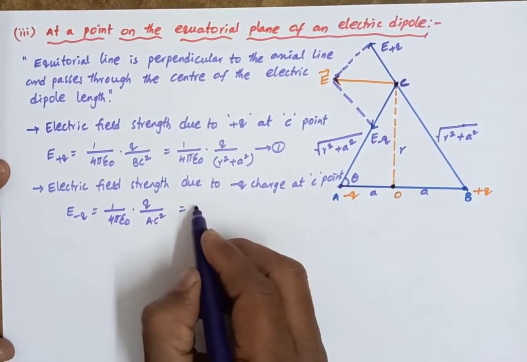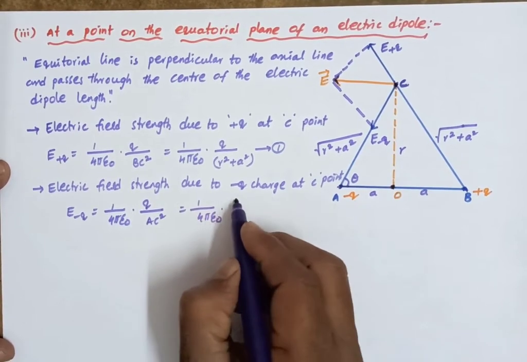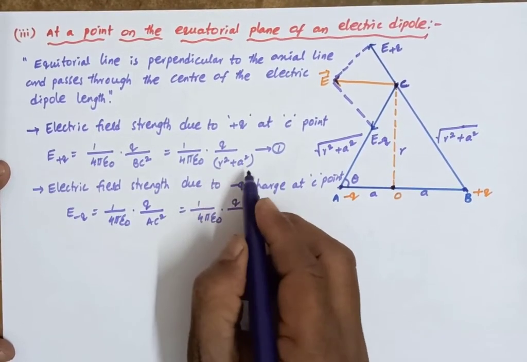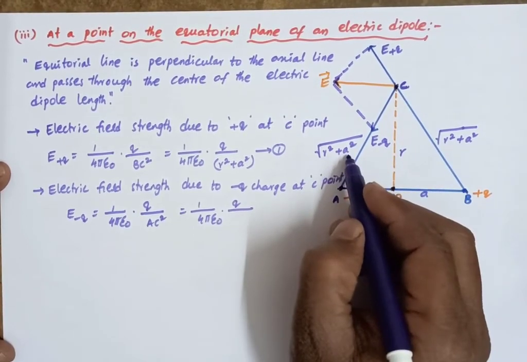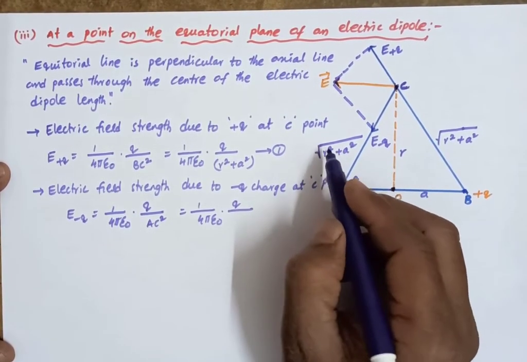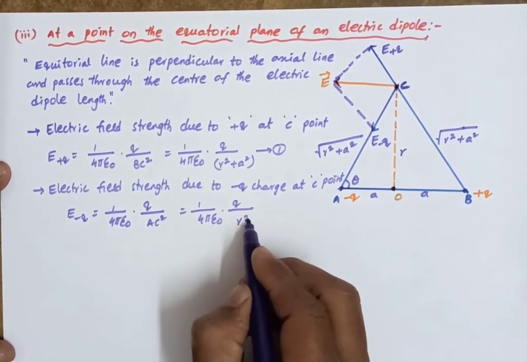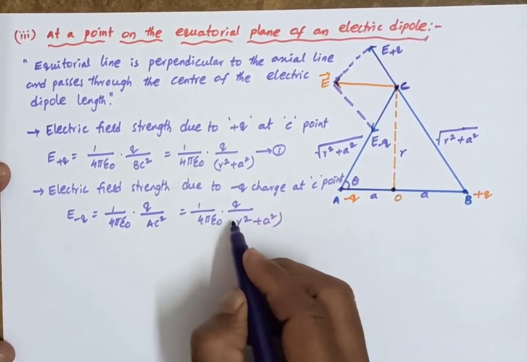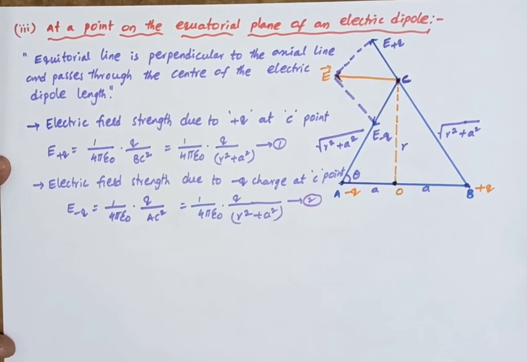That equals 1 by 4 pi epsilon naught into q by, so what is the distance AC? The square root of r square plus a square, squared, and the square root and square cancel, giving r square plus a square. This is equation number 2.